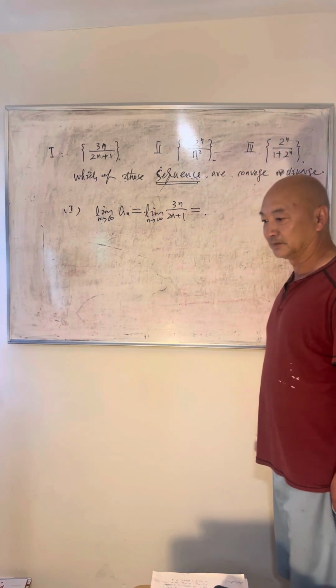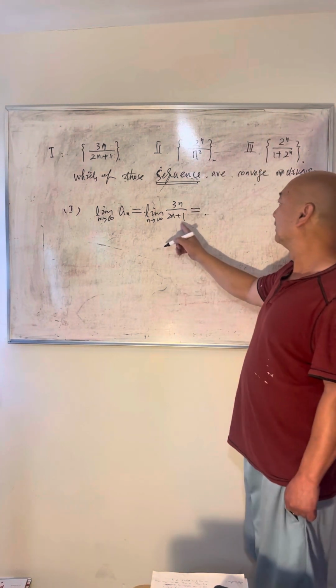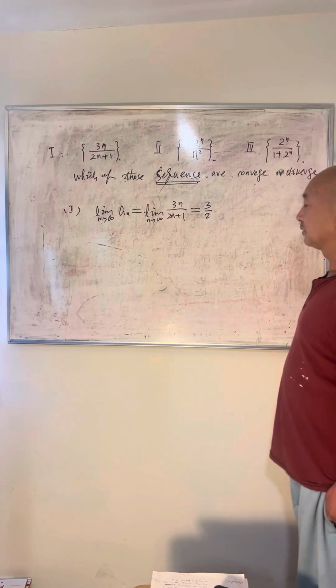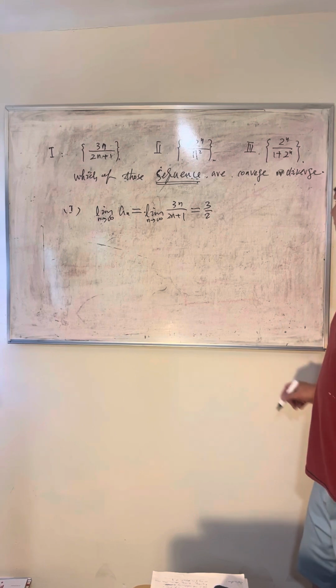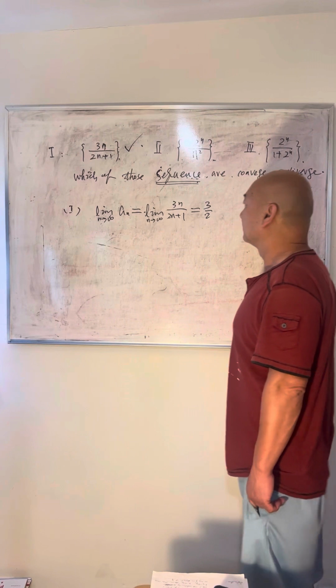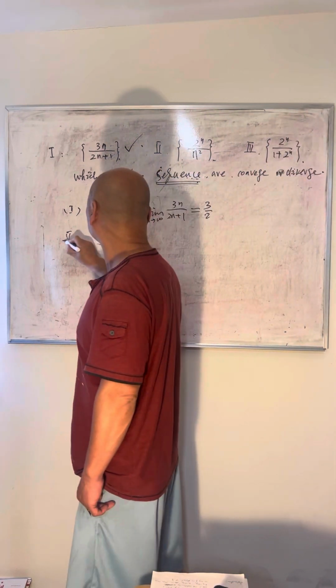Very simple. The limit is 3 over 2, so it is convergent.